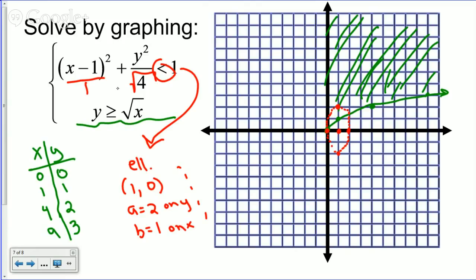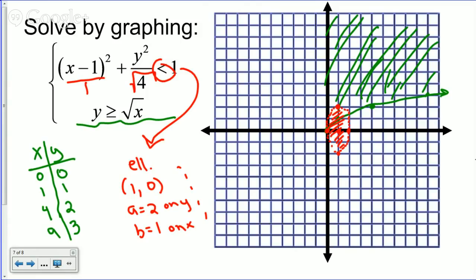Okay. Now my ellipse is smaller than 1. This kind of serves as your perimeter here, or your boundary line, and you want your x, y values, your ordered pairs, to be less than that distance. So that tells me I'm going to shade inside here.